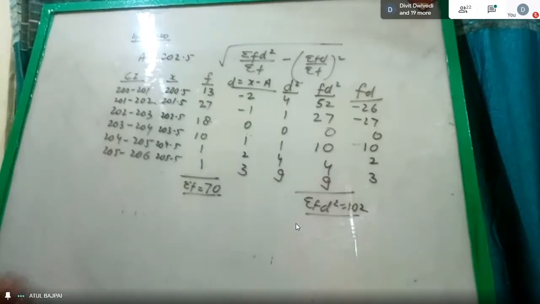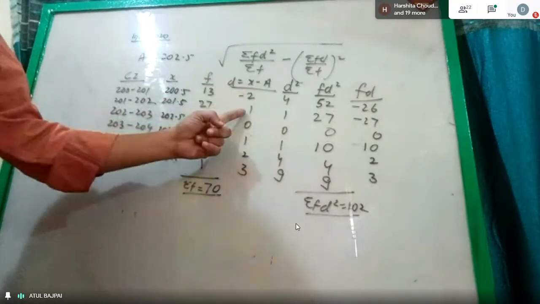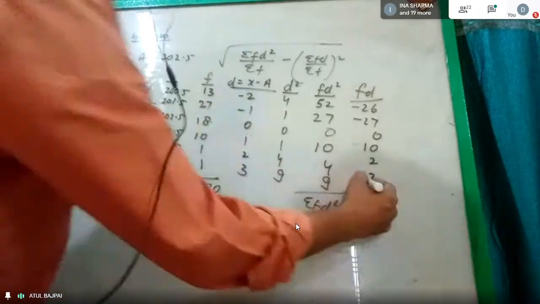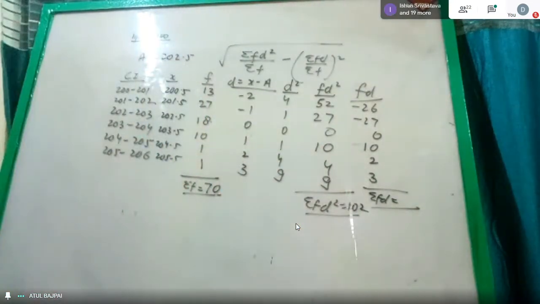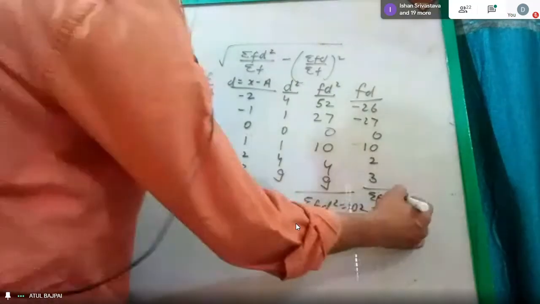Is it correct? F into D. 13 into minus 2 is minus 26, then minus 27, 0, 10 into 1 is 10, 1 into 2, and 3. What is sigma FD? So minus 38.